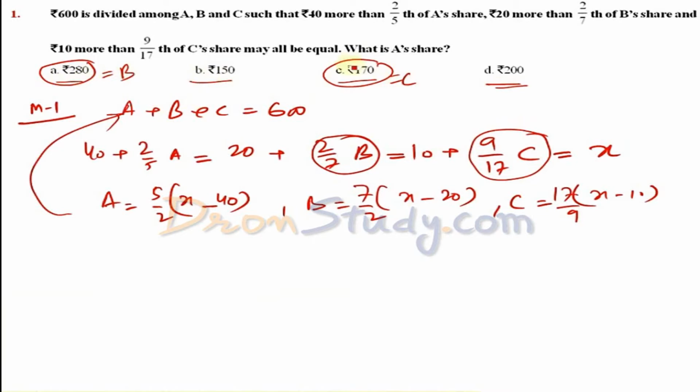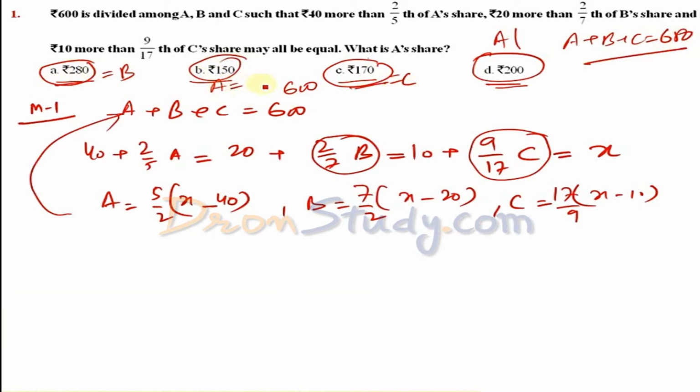Now the sum of these three should be 600, and if we take this A and this C and this B, it will give us A plus B plus C as 650. So what we assumed, B is 280, C is 170 and A is 150, gives us a sum of 600. Hence this is a possible value of A, but you should check by solving this part also, right?